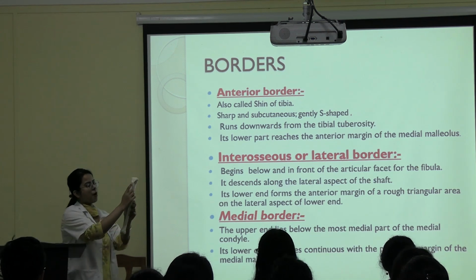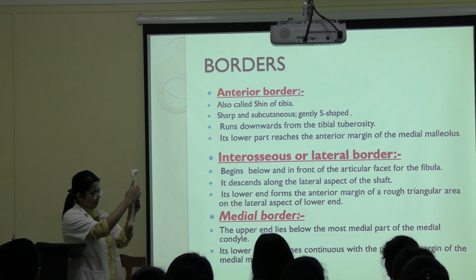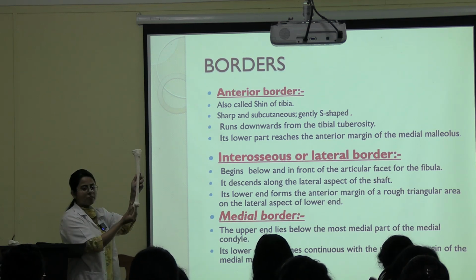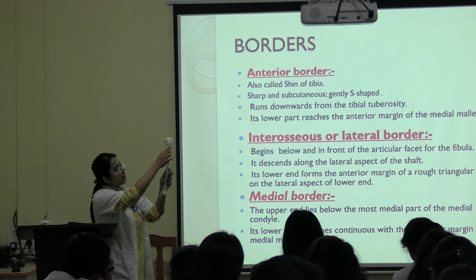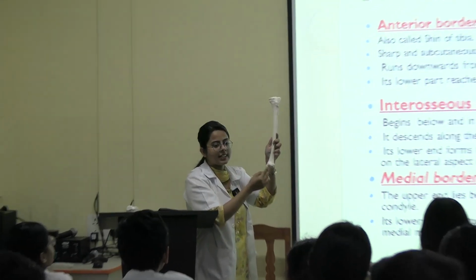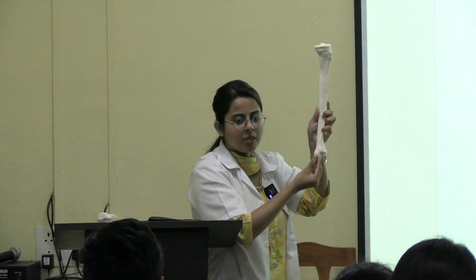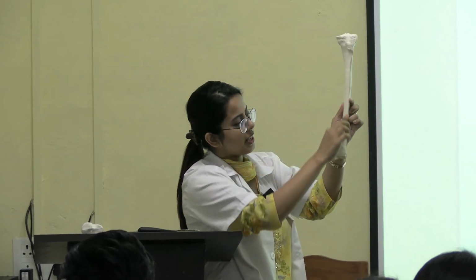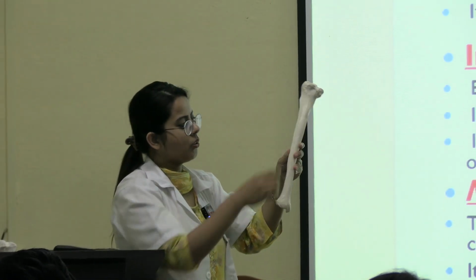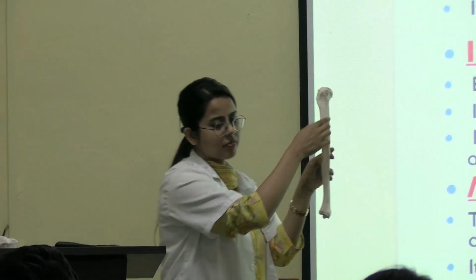So it begins from tibial tuberosity and in the lower end it forms the anterior margin of the medial malleolus, okay. You can see, it is going here. Clear? Now, this is what border?